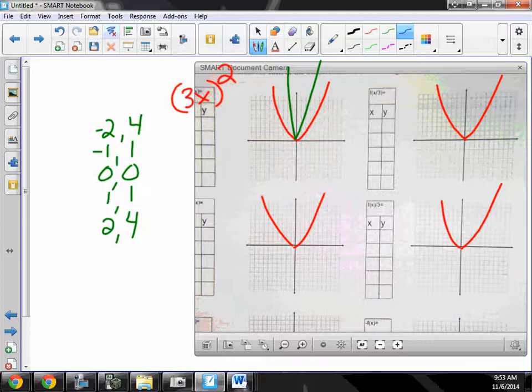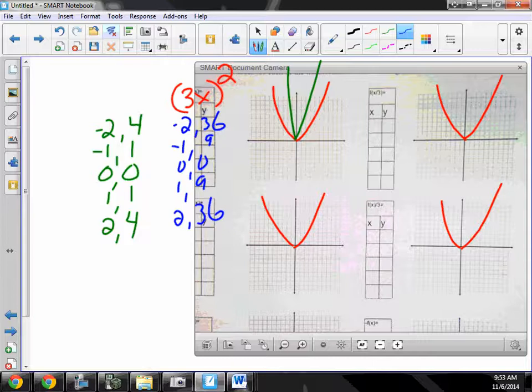The new one is -2, what did you get? 36, -1, 0, 0, 1, 9, and 2, 36. So you can see that the y values on the transformed function are much, much higher than the y values in the original function.